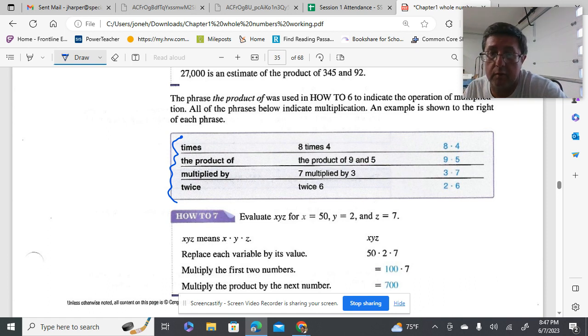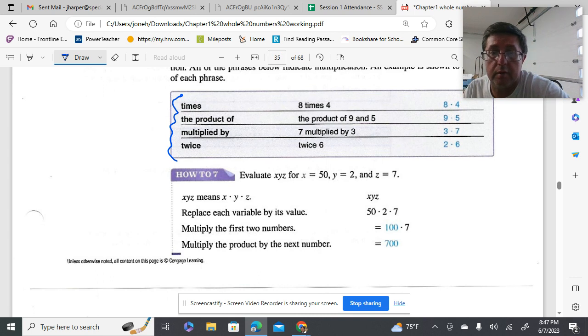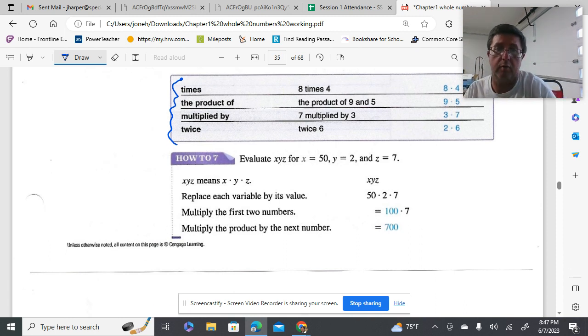You know, you do 7 and multiply it by 3. And that's pretty self-explanatory. Now down here it says twice. Twice 6. Twice is usually doubling it, multiplying it by 2.